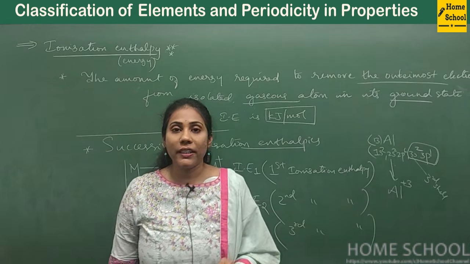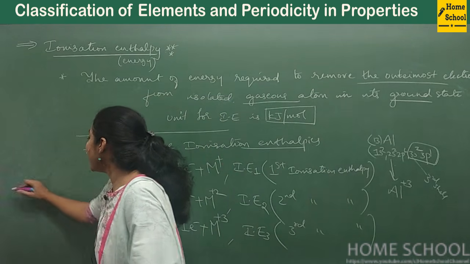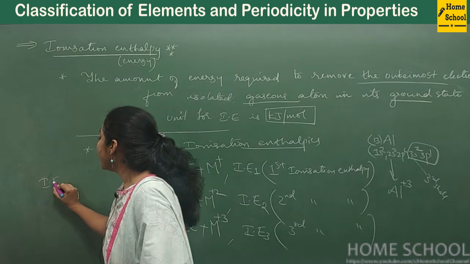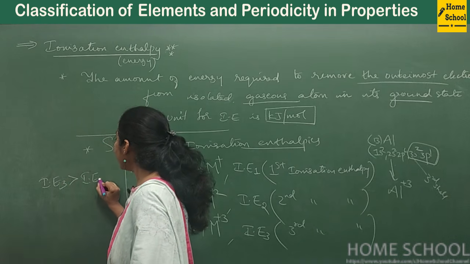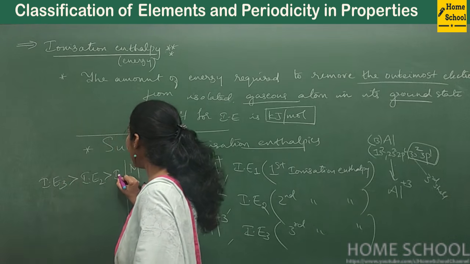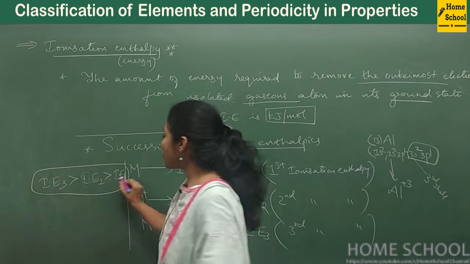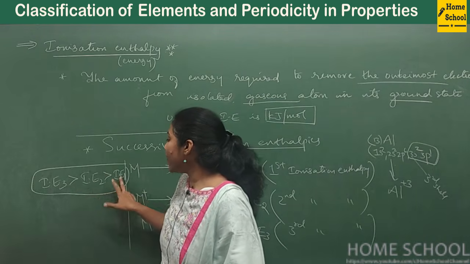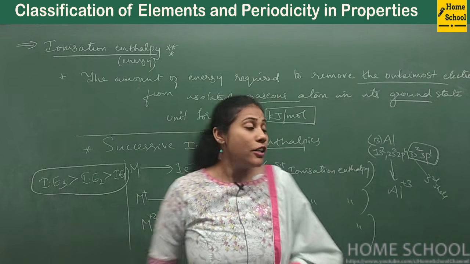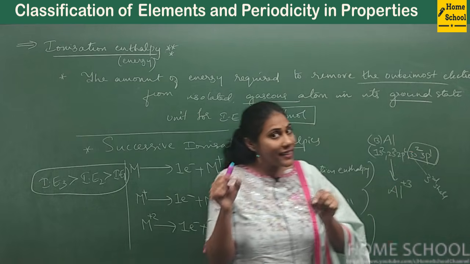Very, very important: usually we have a trend here. IE3 is always greater than IE2, which is greater than IE1. So a short direct question can be asked about the relation between IE1, IE2 and IE3. Whenever you want to remove the inner electrons, it's difficult.